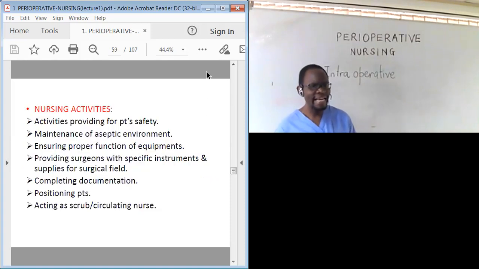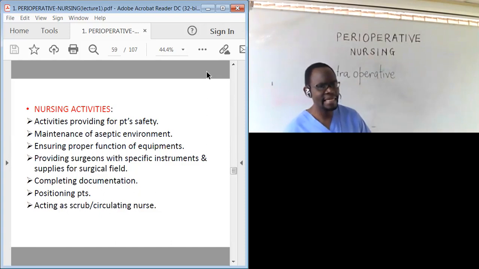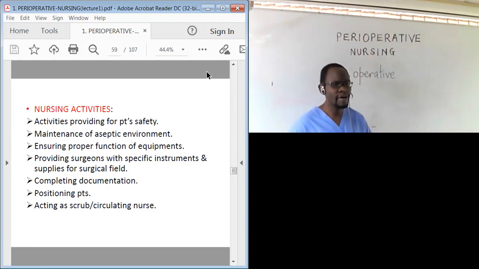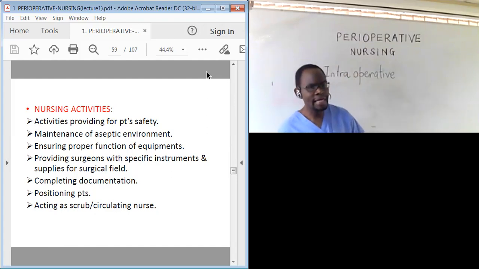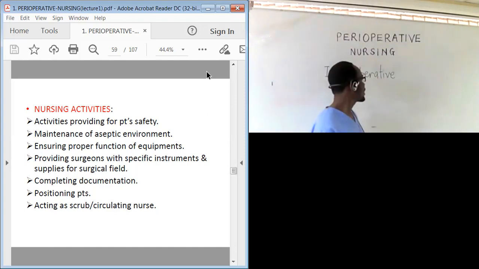All right. So what are the different activities the nurse does? One is providing patient safety. That is very important. Maintenance of an aseptic environment, ensuring proper functioning of equipment. We are going to see the different types of nurses in this phase that do some of these things.